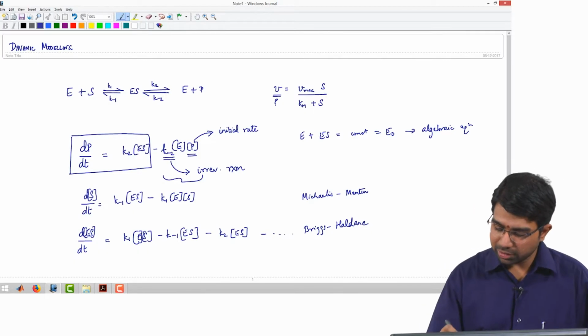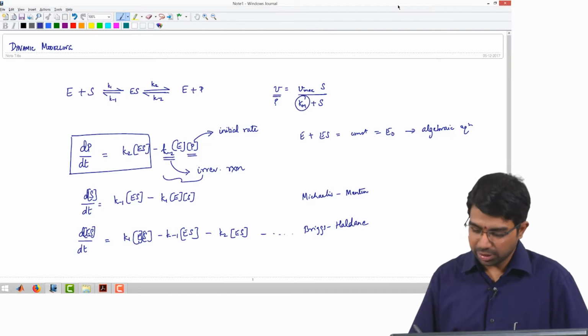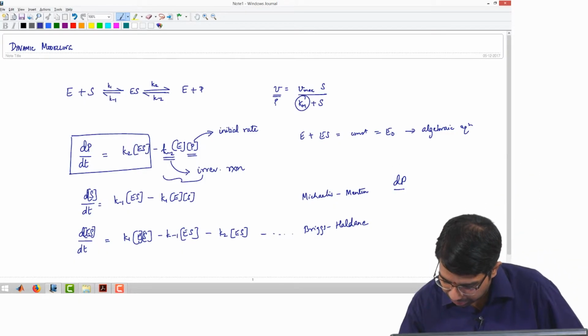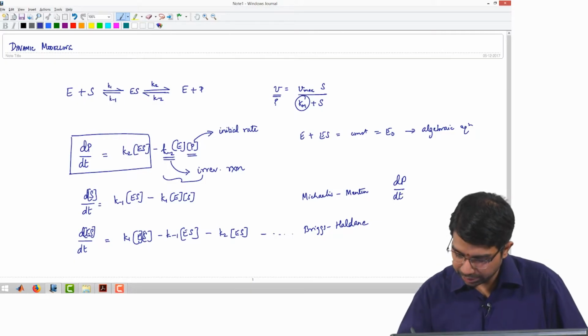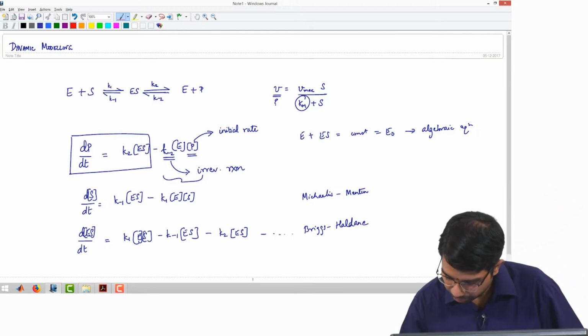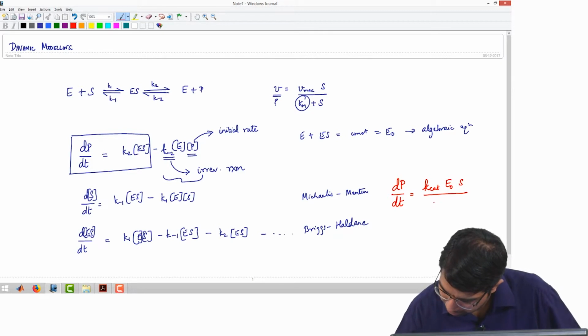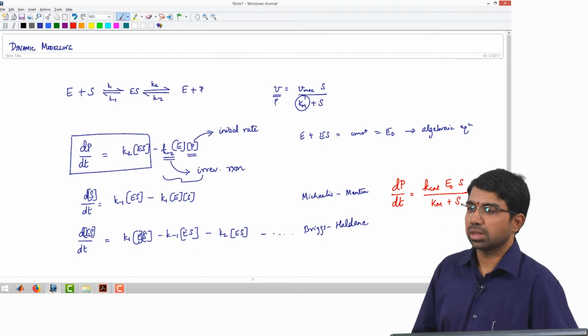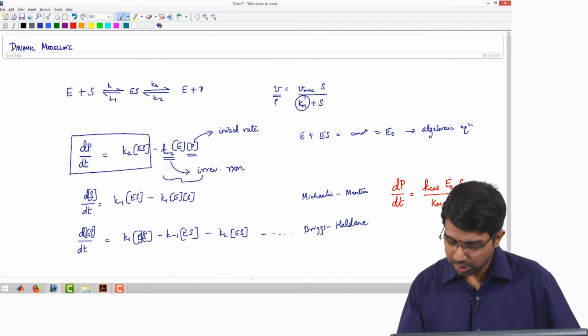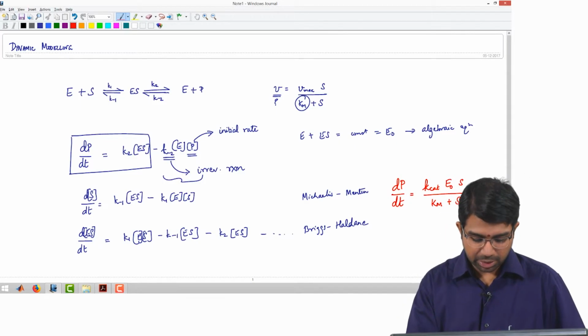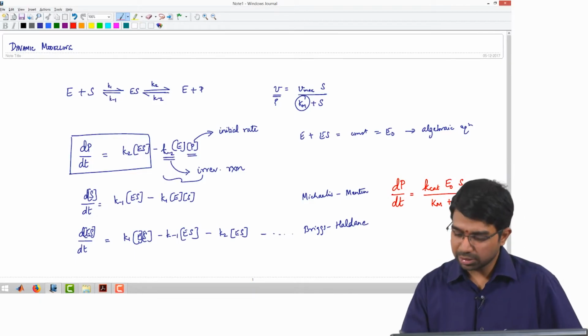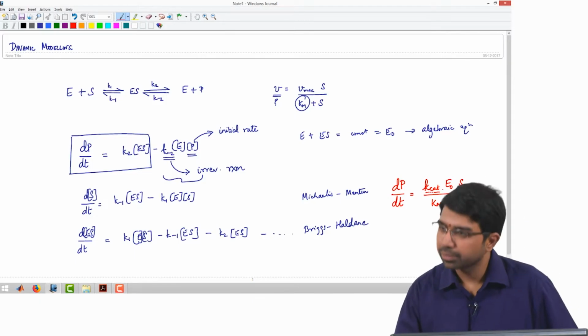Based on this you get different values of Km essentially, but the equation remains as dP by dt is K cat into E naught into S by Km plus S. So, K cat is the turnover number, right.